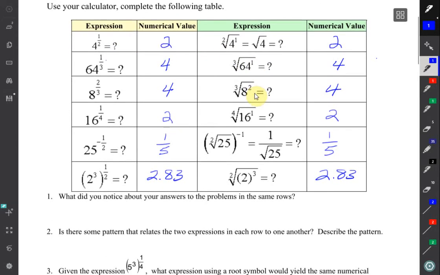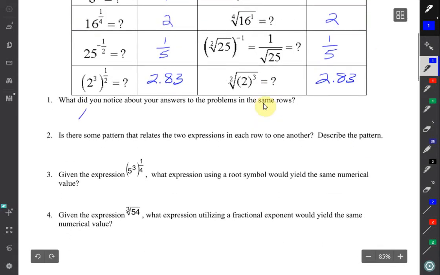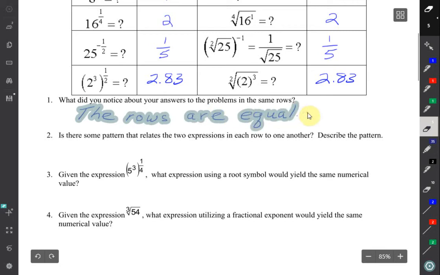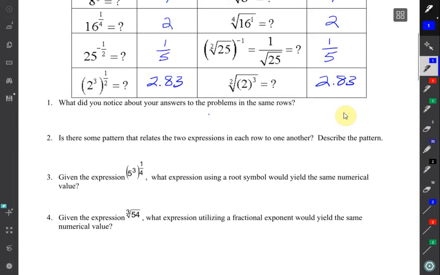So the answer here is that we noticed the answers in the rows are equal.